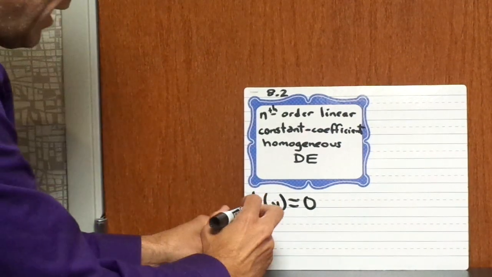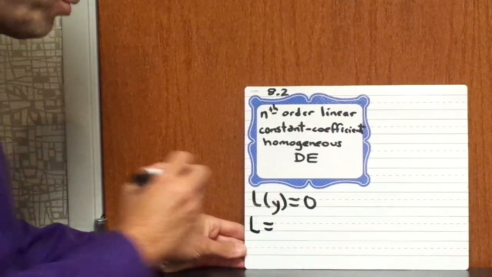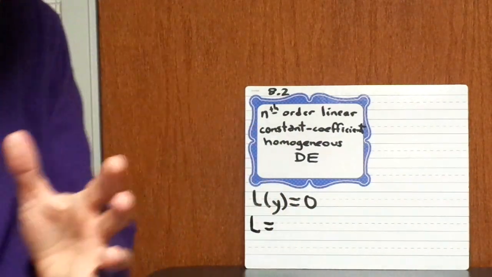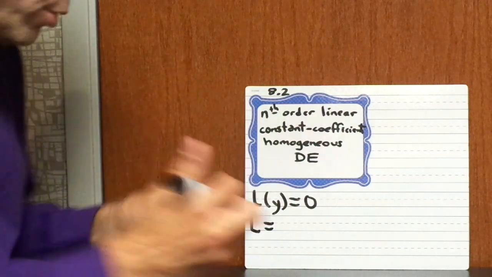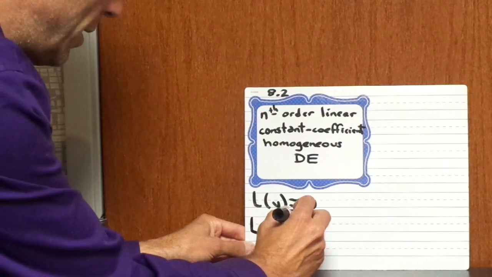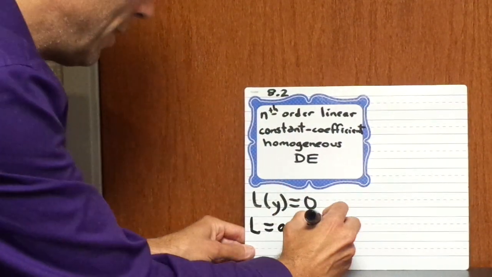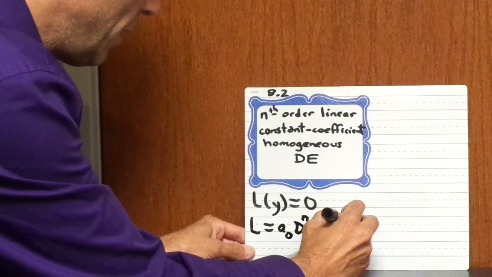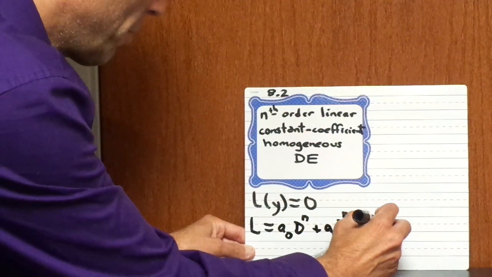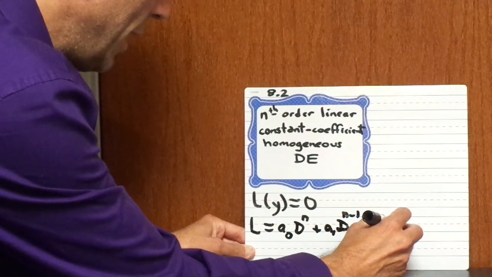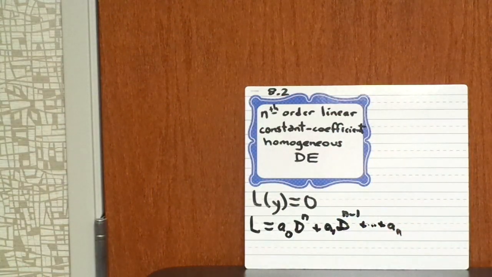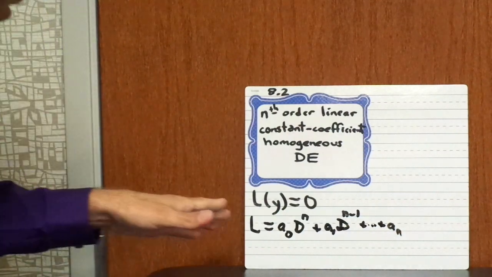In this section, 8.2, I'm going to assume that L, remember L is just an operator that involves derivatives, is the operator a naught D to the n plus a1 D to the n minus 1 plus dot dot dot, all the way down to a sub n. This is our usual polynomial expression for the operator L.